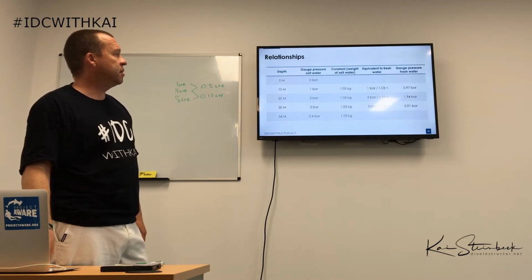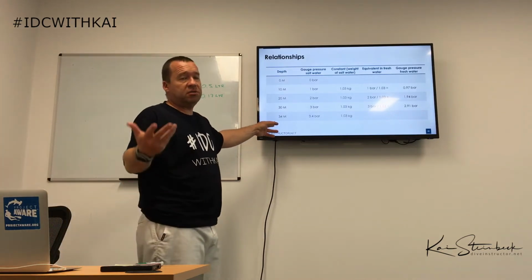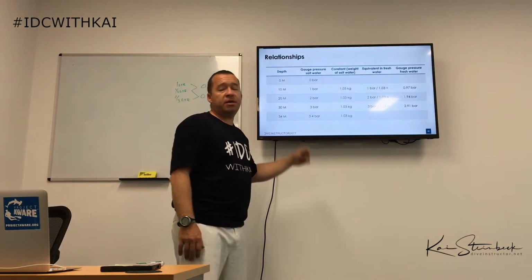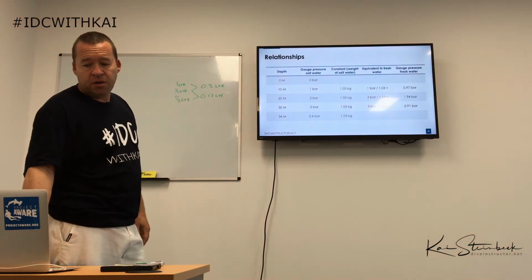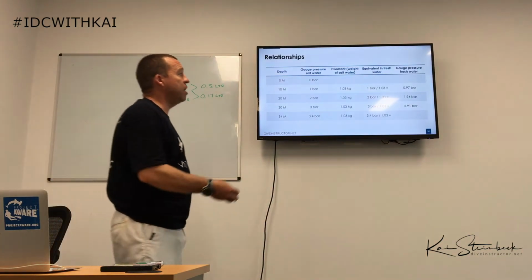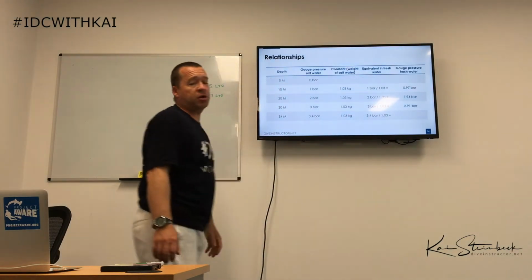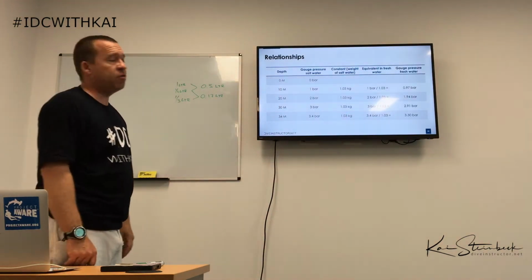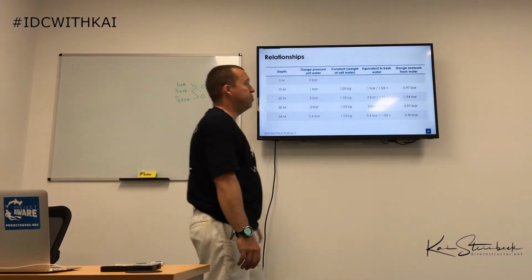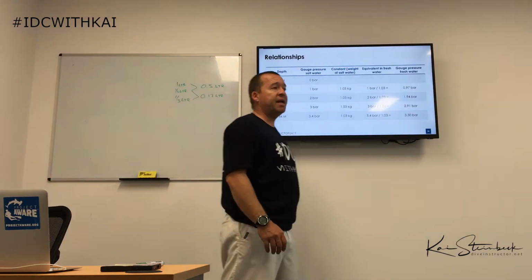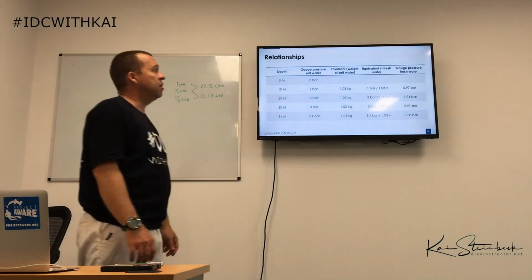At 30 meters. And this example here, just to show how it works, is 34 meters. All right. So at 34 meters, I would have 3.4 bar of pressure. Divide that by 1.03, and so therefore at 34 meters, I would have 3.3 bar of gauge pressure equivalent in fresh water.